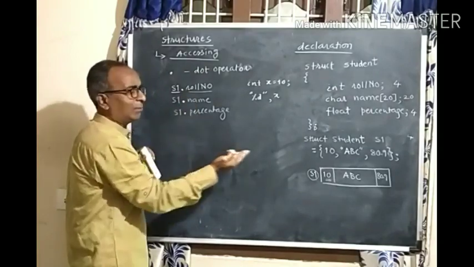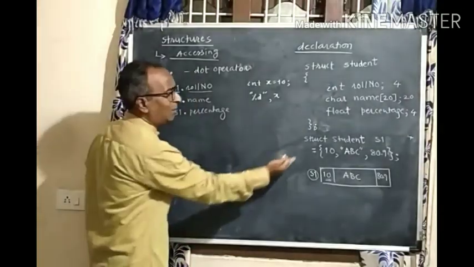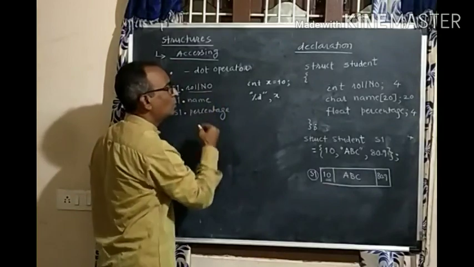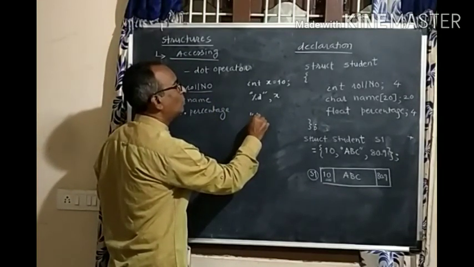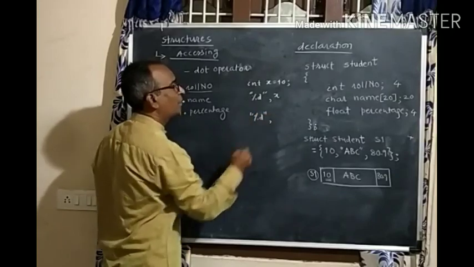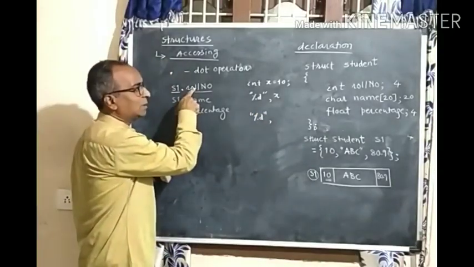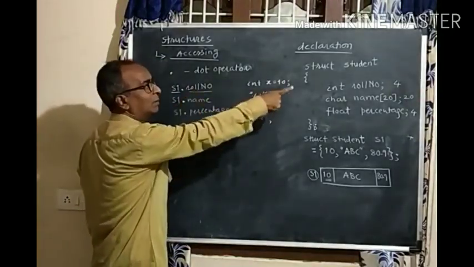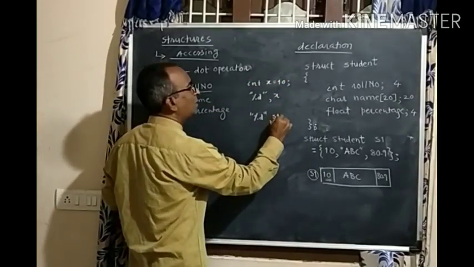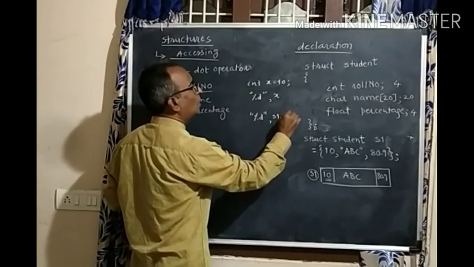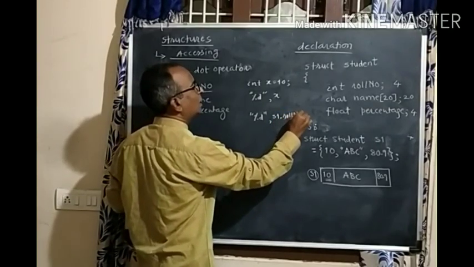Similar way, if I want to print roll number, what do I have to do? %d, because this is integer type in the student structure, and I have to give S1 dot roll number. That's it. This is accessing.